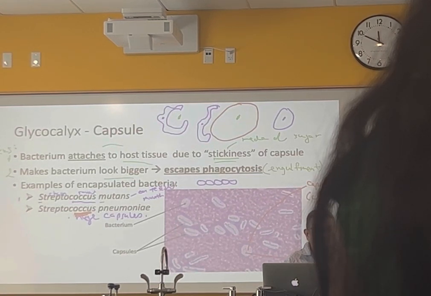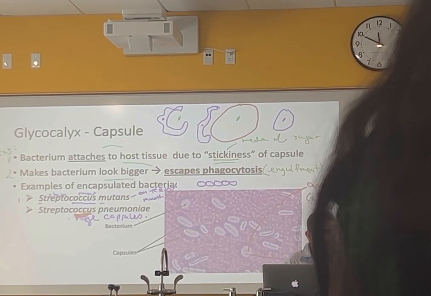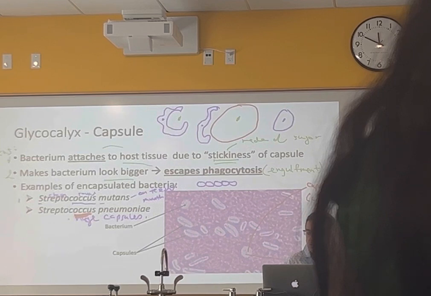So no, this is not pneumonia. It can't be. Because again, Streptococcus pneumoniae, look at the genus name. It's telling you the shape. These are cocci. These here are not cocci, these are bacilli, so this cannot be pneumonia. Right? Okay.